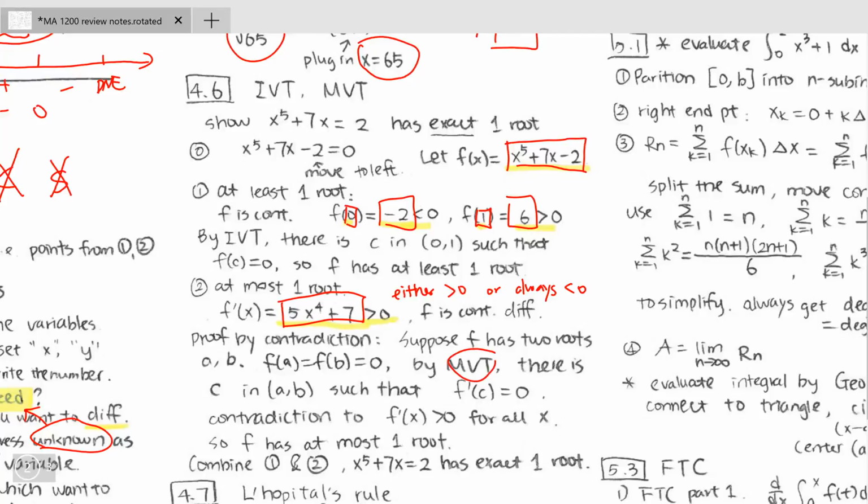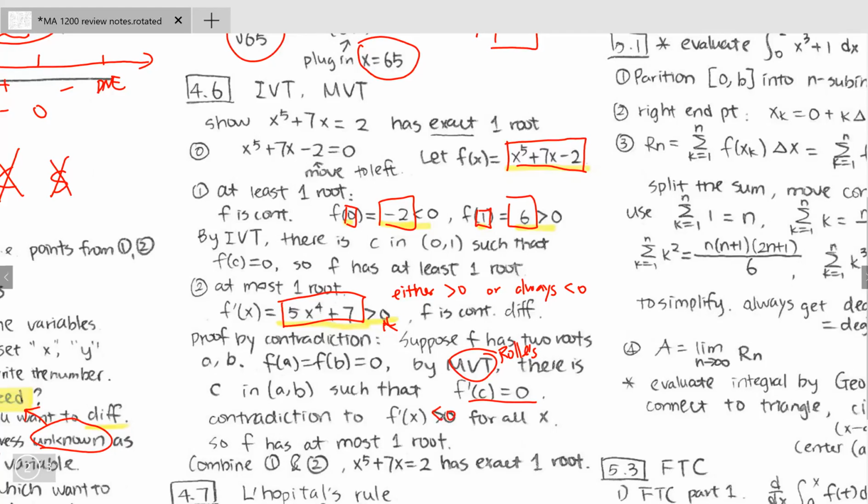You can say this is by the mean value theorem, or you can say by Rolle's theorem. They're the same. Rolle's theorem is just a special case of the mean value theorem. So we get f prime of c equals 0. This is a contradiction to the fact that the derivative is always positive for our problem. Some other problem could be always negative.